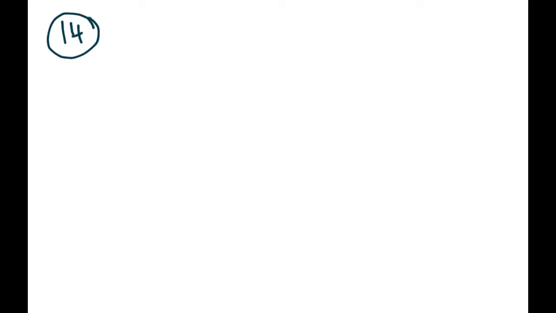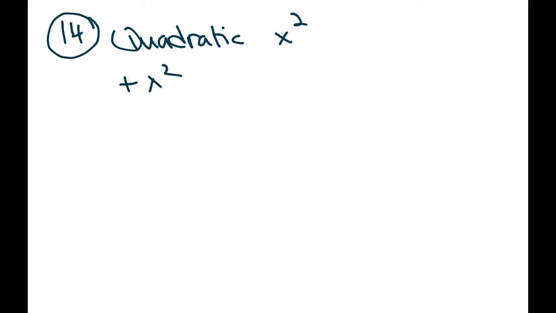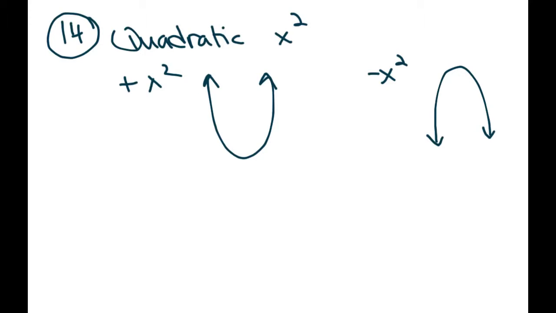So let's talk about quadratics for just a moment. Quadratic functions are ones whose biggest exponent is x squared. If it's positive x squared, the graph opens up, and if it's negative x squared, it opens down. There are at most 2 real zeros, but there could be 2 complex zeros, with imaginary numbers.